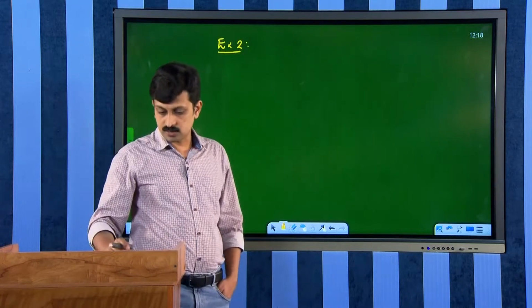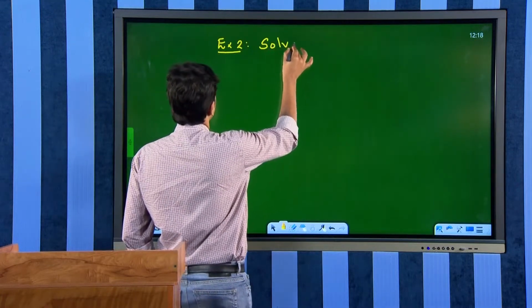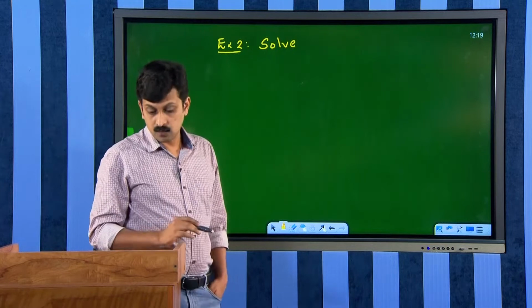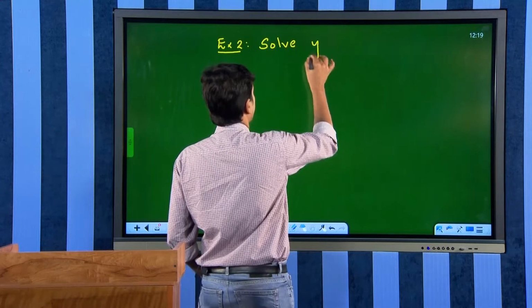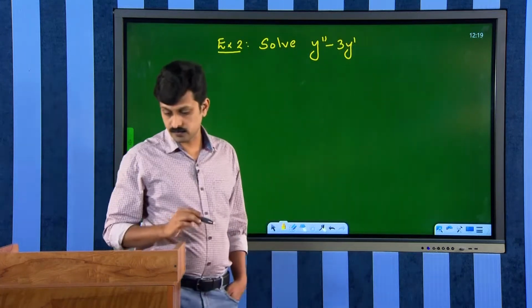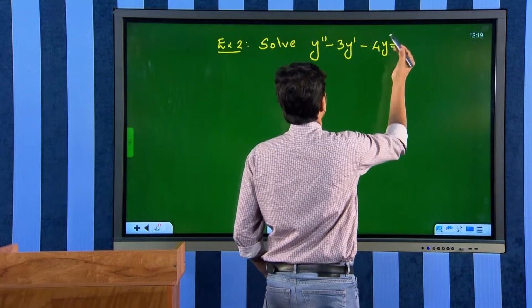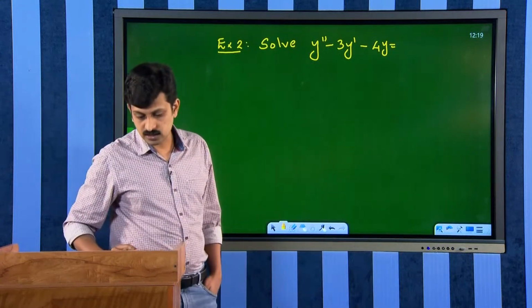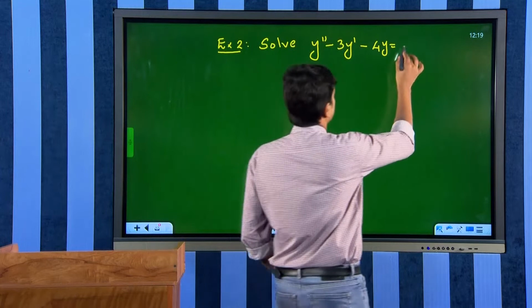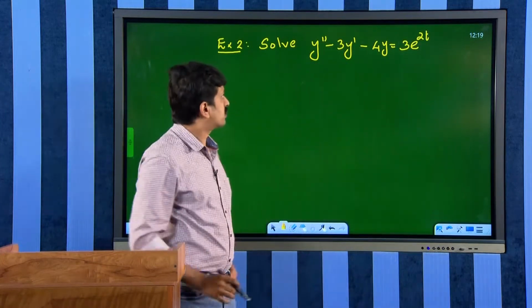Write down the next example: solve the differential equation y double dash minus 3 y dash minus 4 y is equal to 3 e raised to 2x.